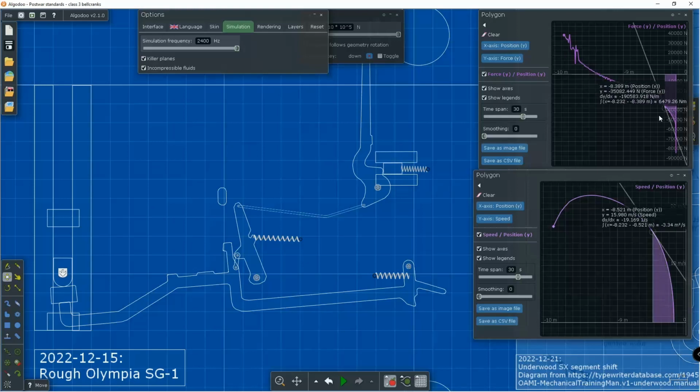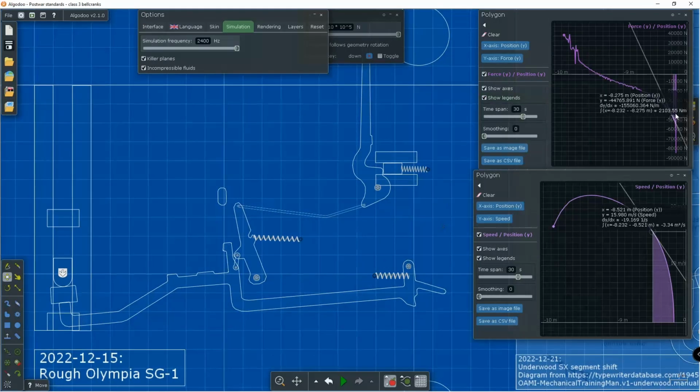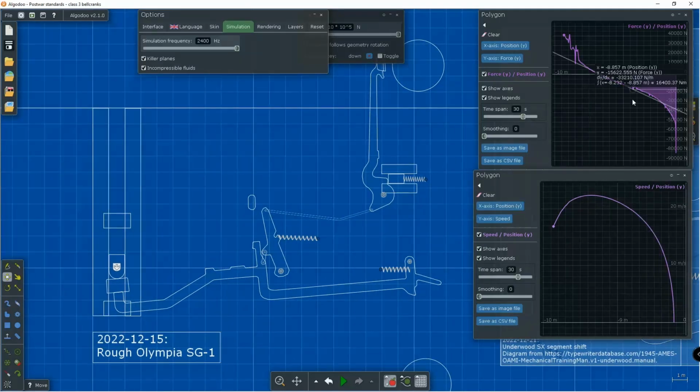Though, as you can see here, the inflection point is probably a bit steeper compared to on the Triumph, so that might explain why, personally, when I type on an Olympia SG-1, it doesn't feel nearly as tactile. It just feels more smooth, or I mainly only really feel this part, not so much this bump here.